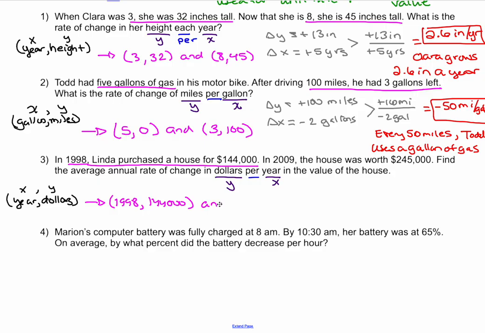And then we have another year. In 2009, the house was worth $245,000. So our year is 2009, and the dollars is $245,000.